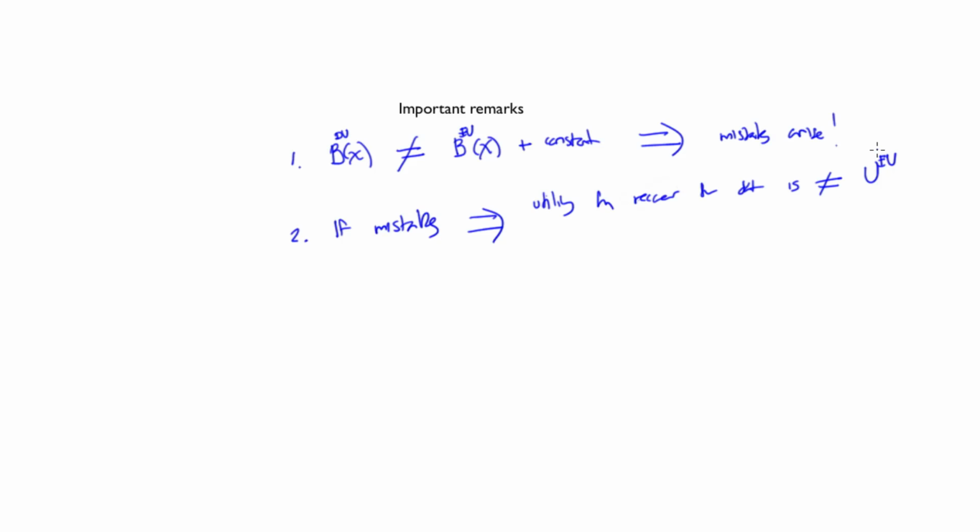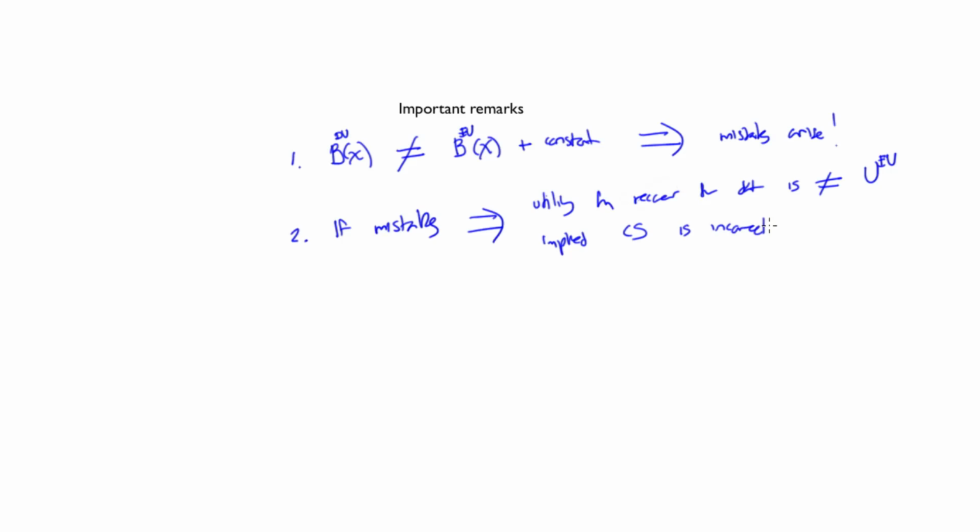It's not the true preferences that determine the well-being of the consumer, and also because of this, the implied consumer surplus function is also incorrect.